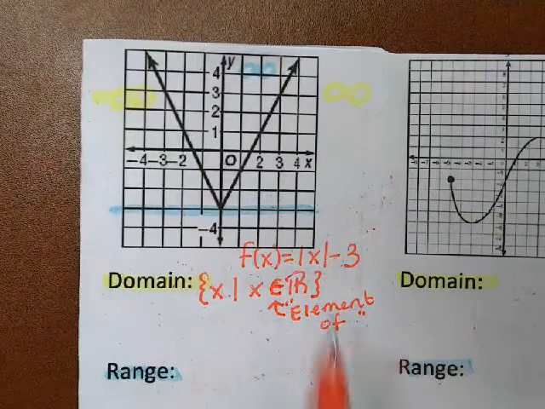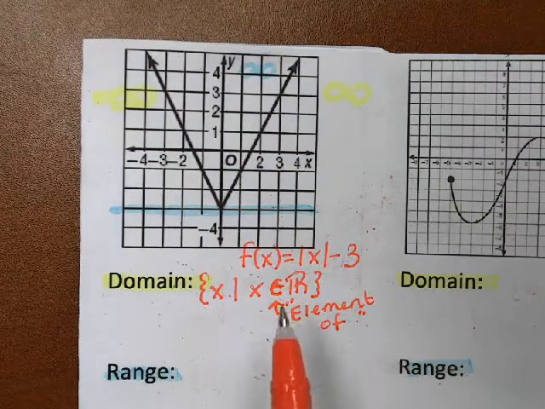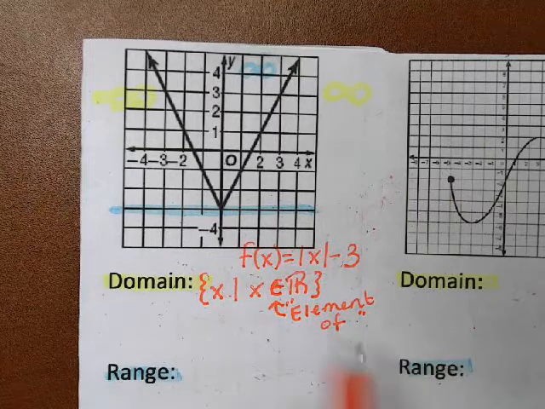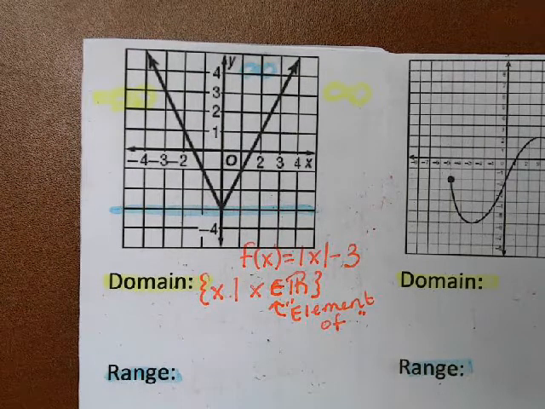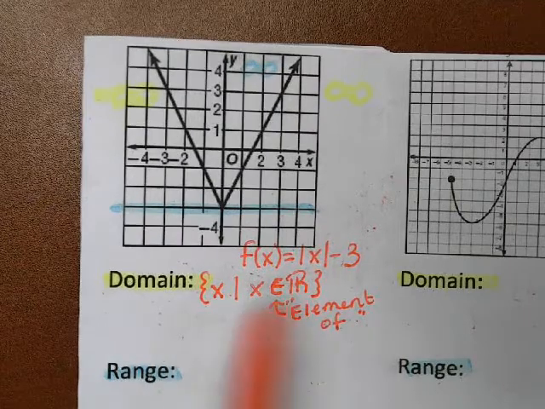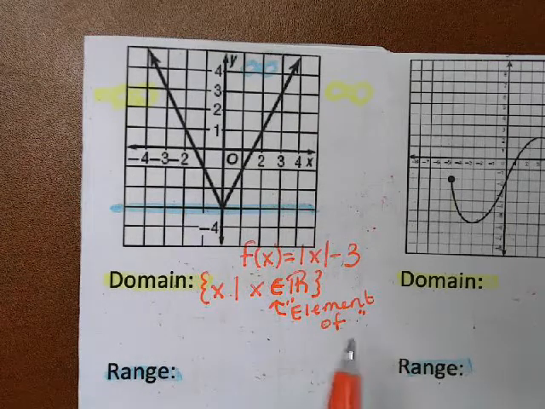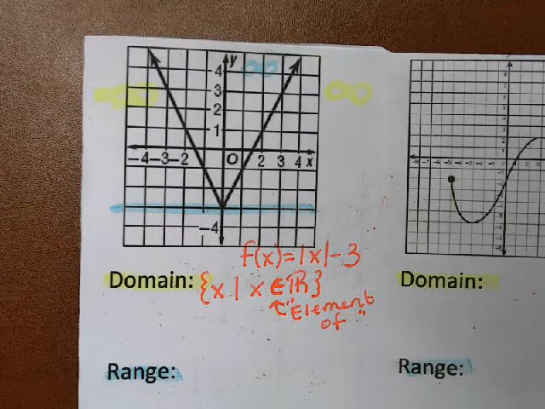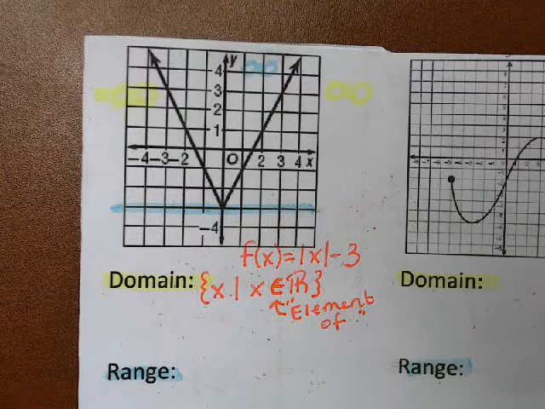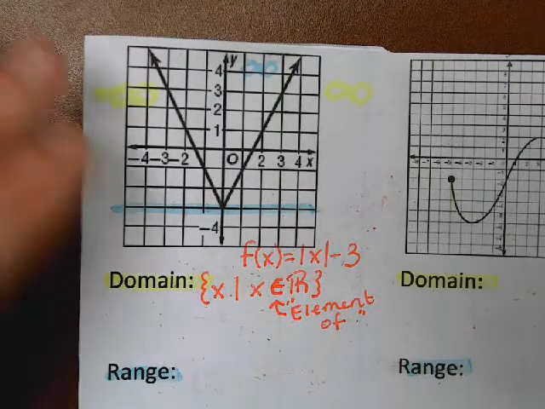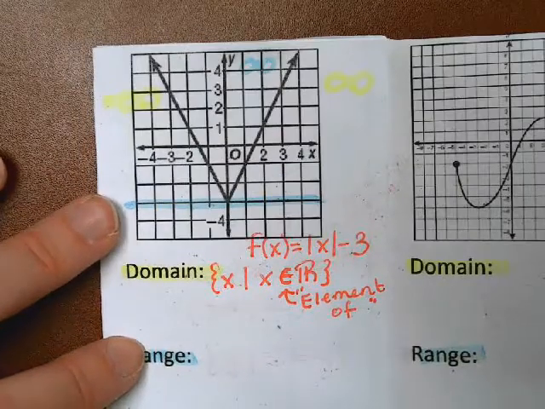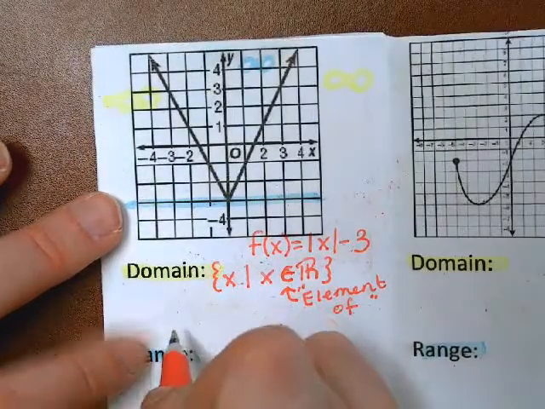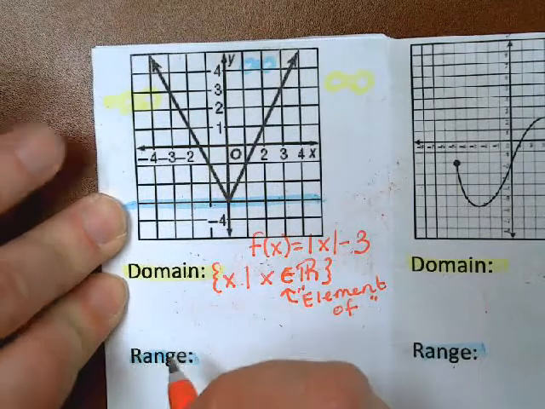And what does the double bar R mean? Real numbers. So x is any number in the real numbers. Choose any real number and that's what x is. That's what this notation says. x, an element of the real numbers. Does that make sense?